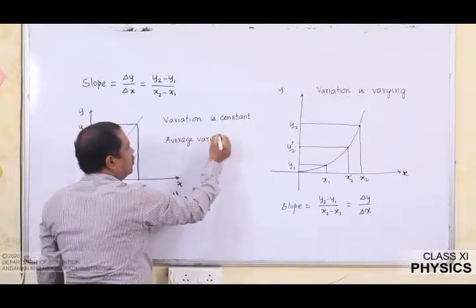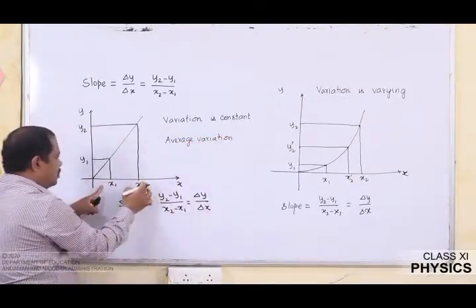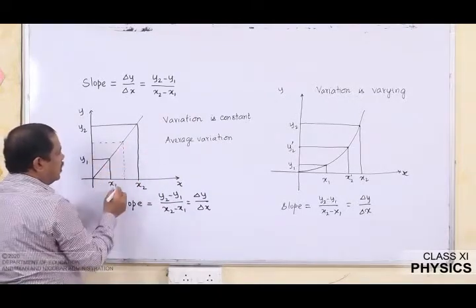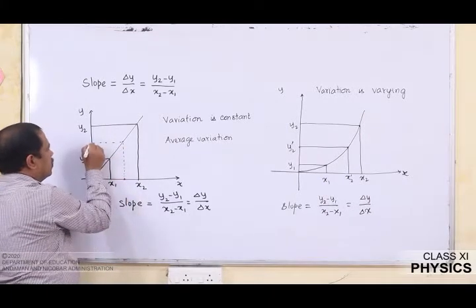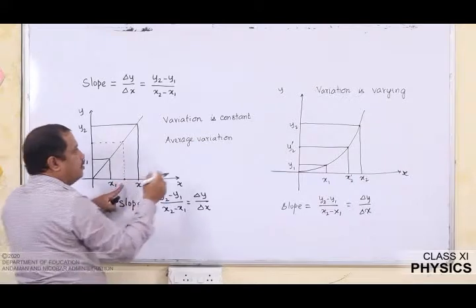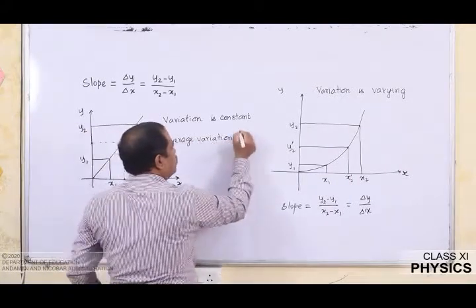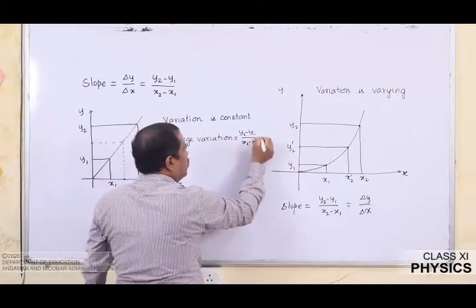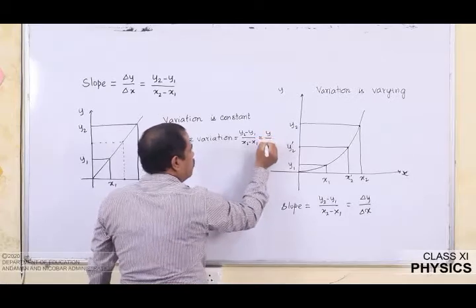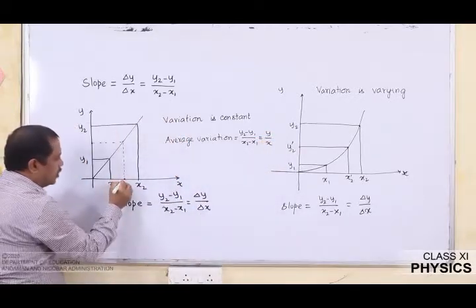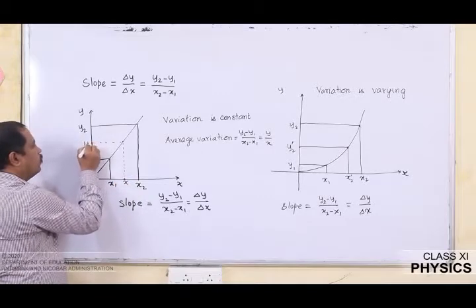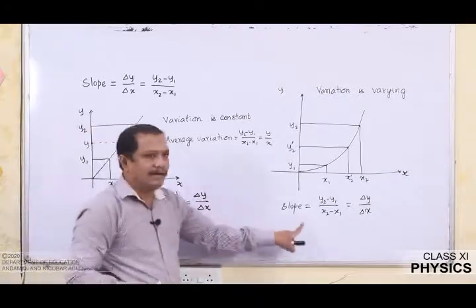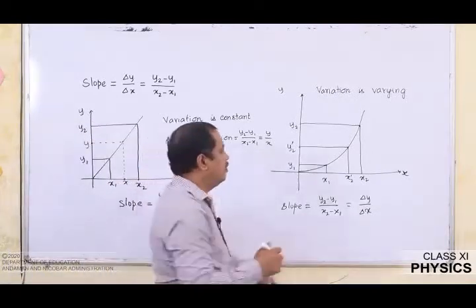Average variation over a large interval will be the same as the variation at any instant, at any single value. What I mean, average variation, which is equal to y2 minus y1 upon x2 minus x1, will always be equal to y upon x. What I mean by y upon x? For a given value of x, the corresponding value of y, even if I find the ratio, this is going to be the same. However, here the case will be different.